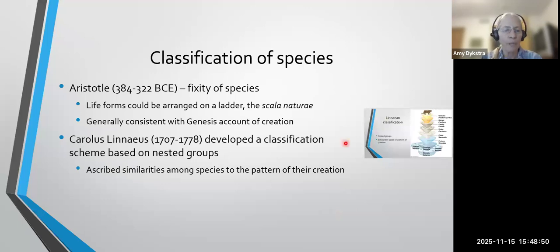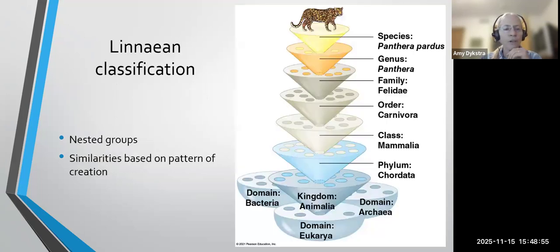I'll show you a picture of his scheme, which is shown right here. If we think about a leopard, shown up here at the top, its species name is Panthera pardus, and so it's in the genus Panthera, and there are other species with the same genus name that would be very closely related to this leopard.